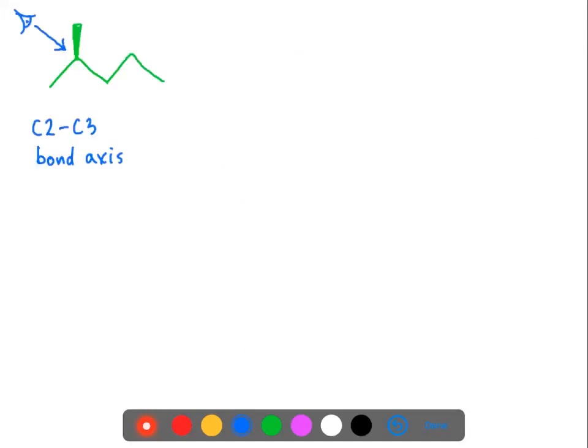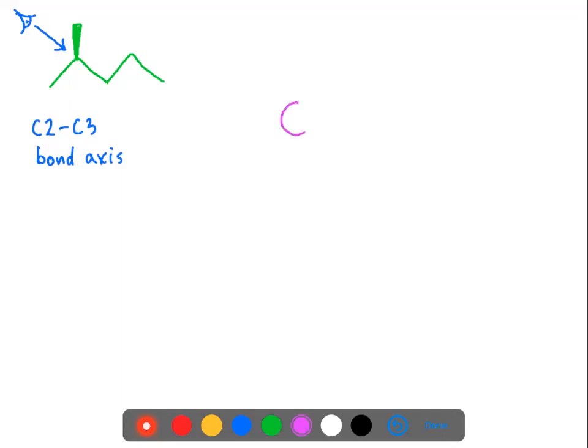So let's look at this example. This is a 2-methylpentane, and we're going to draw the Newman projection for 2-methylpentane with us viewing again a C2-C3 axis. And I've drawn what I call the spooky eye, looking down carbon 2, carbon 3. And so the carbon in front is carbon 2, and the carbon in back is carbon 3.